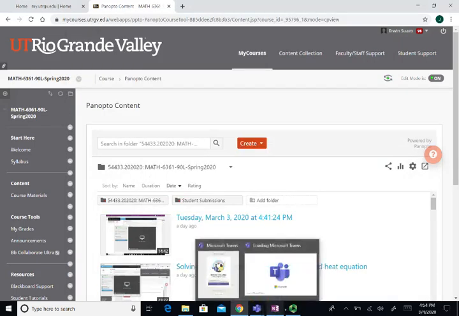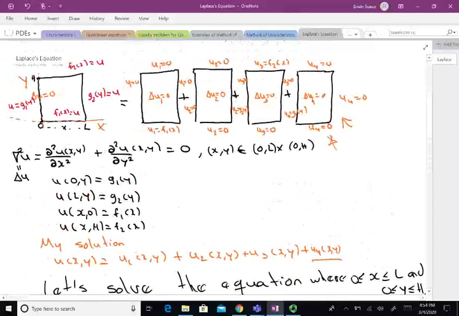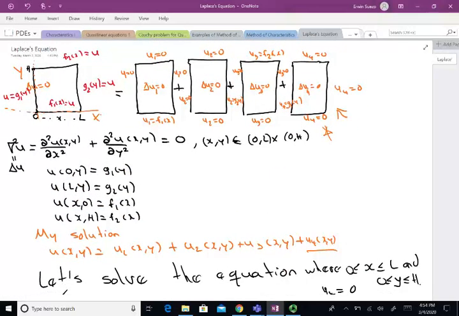Okay, hello guys. So we're going to continue solving the Laplace equation. We saw in the last video that you have a square metal plate, let's say like this, and you know the values of the distribution on the boundaries.